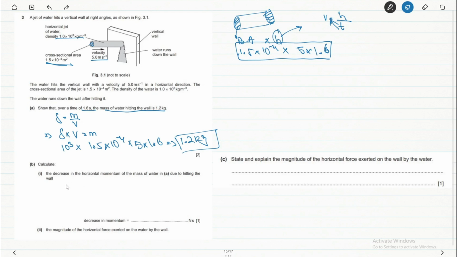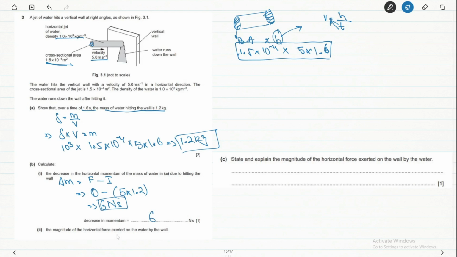So delta momentum is equal to final, which is 0, minus initial. So 0 minus 5 times 1.2. So this becomes 6 newton seconds, right? So this is the change.